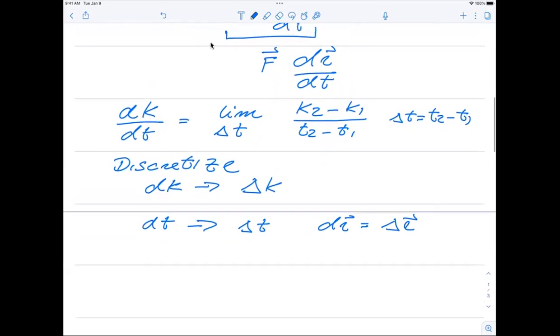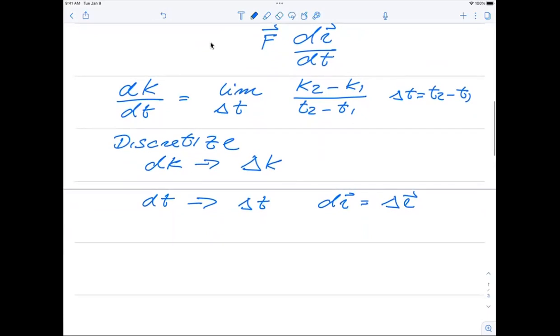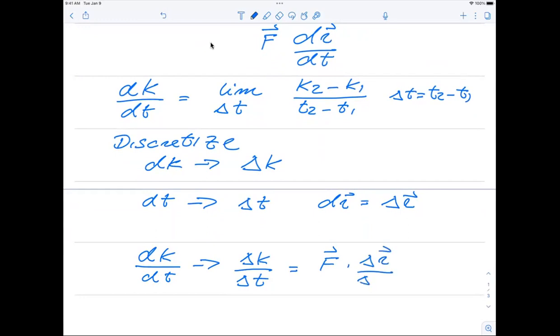So if we look at the terms which we have, dk dt is now going over to delta k over delta t. And this is a quantity which, when we set up the equations, is going to be given by f times delta r over delta t here.